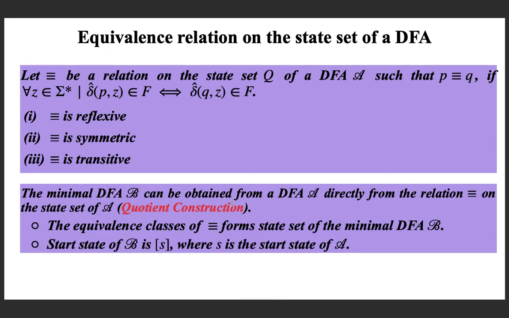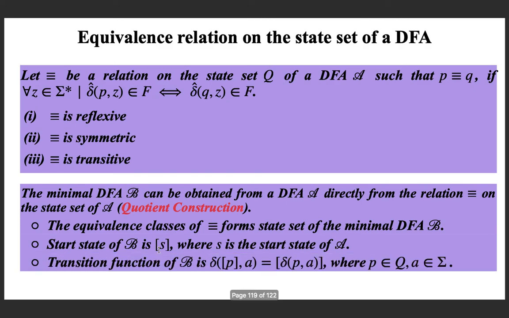Then the question is, which equivalence class is representing the initial state? The equivalence class where the start state of the given DFA is present is the initial state of the required DFA. Then which are the transitions?